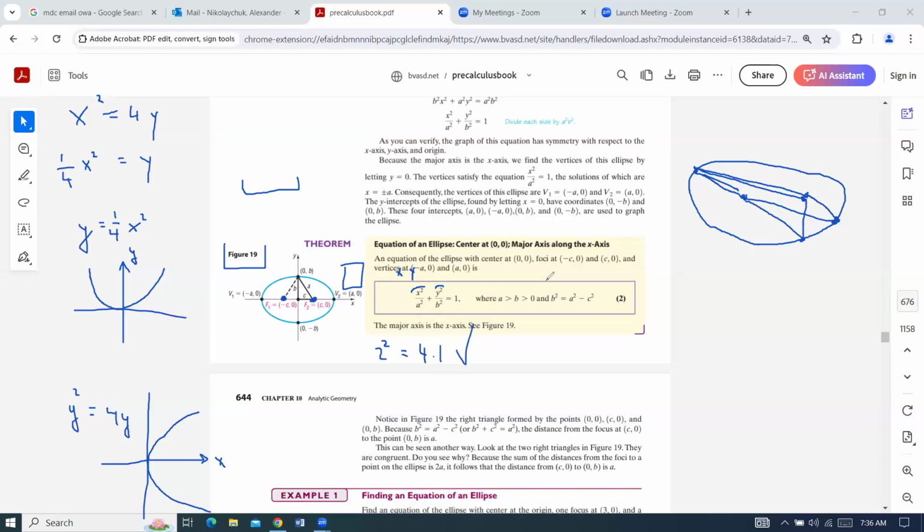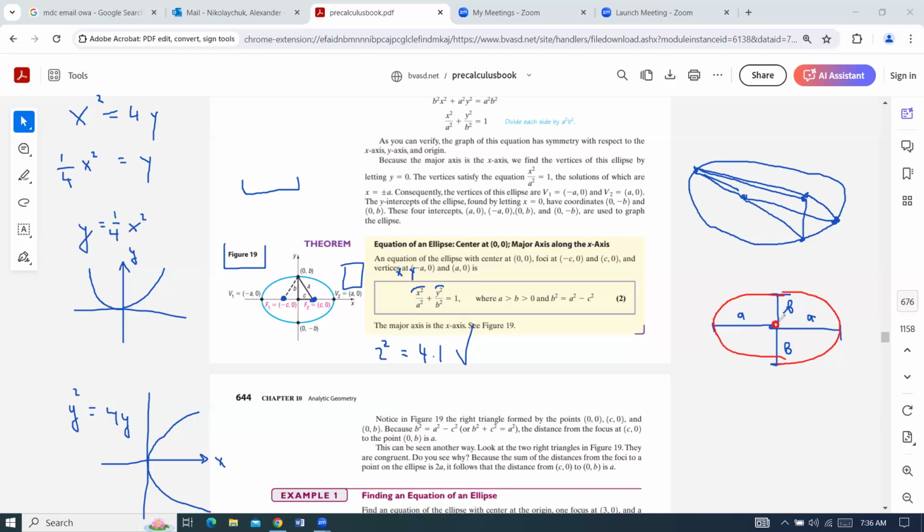And in order to produce this picture, what I need is to get a here to the left and to the right, and b upwards and downwards. And this way we can draw this like a squeezed circle that is called an ellipse.